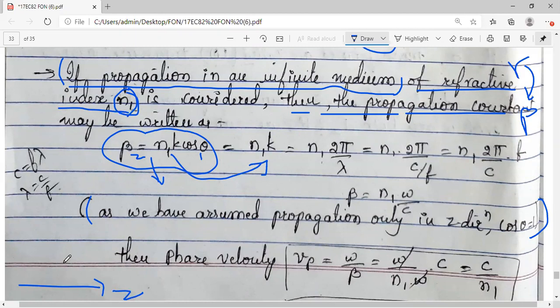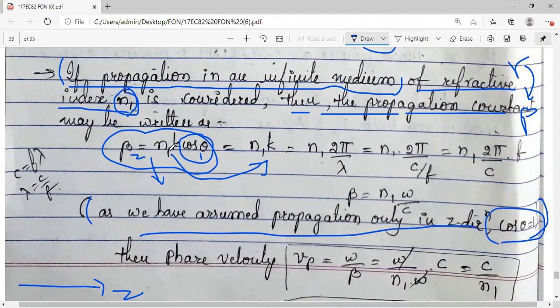The x is not at all into picture now. So only z direction. So what will be theta? This total term cos theta will be equal to 1. That is, theta is cos inverse of 1. What is theta angle when the cos will be 1? 0. Fine. So the wave is traveling in z direction. Cos theta is equal to 1.